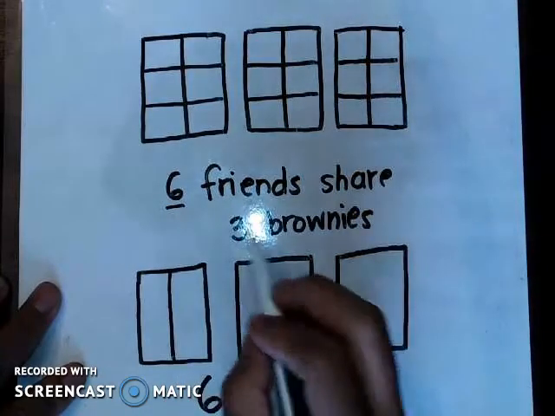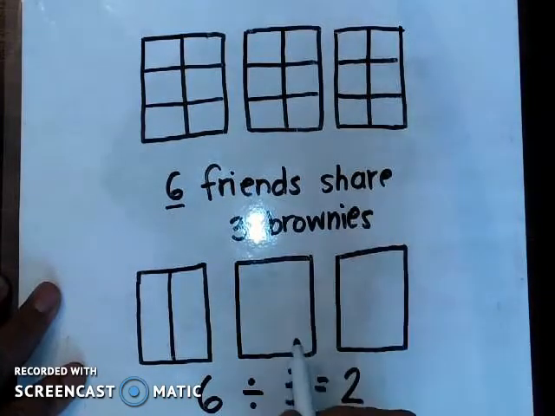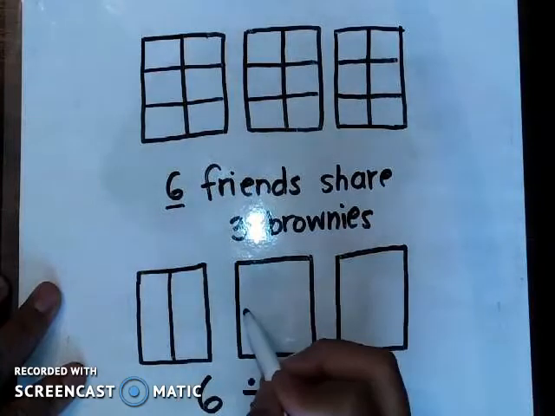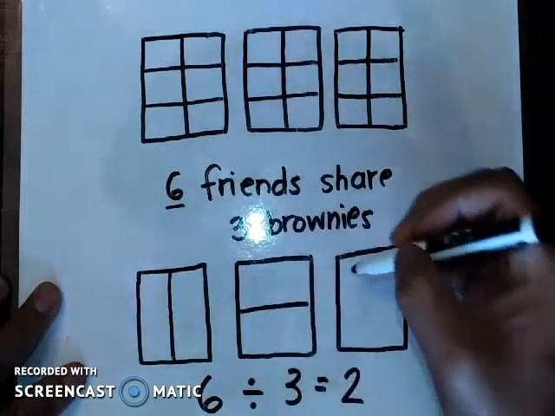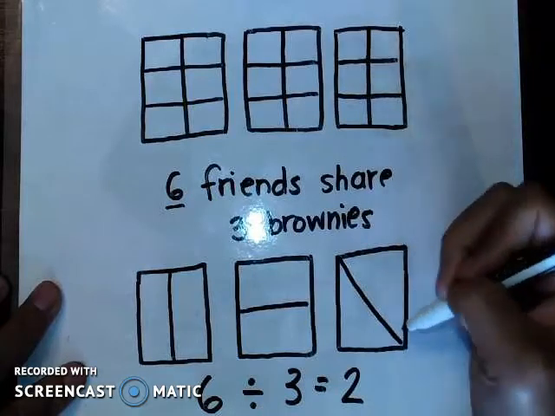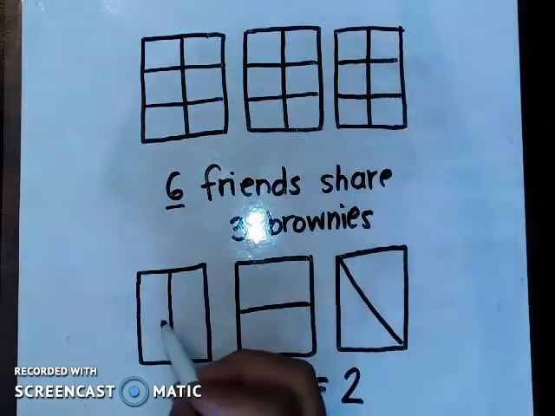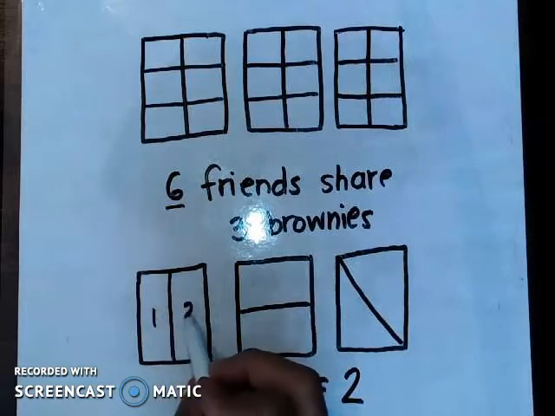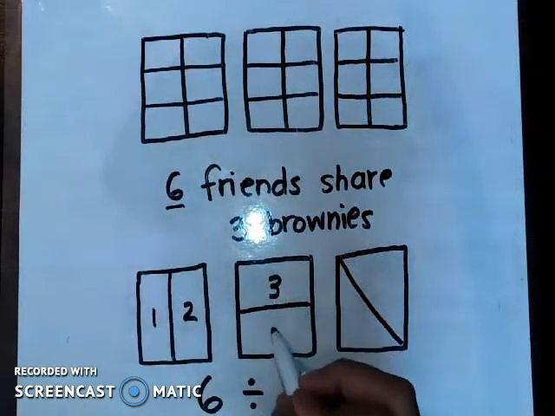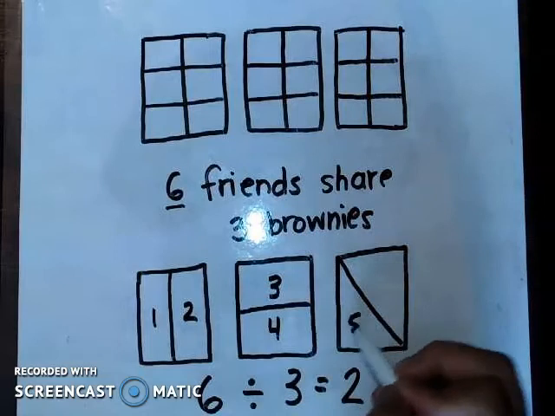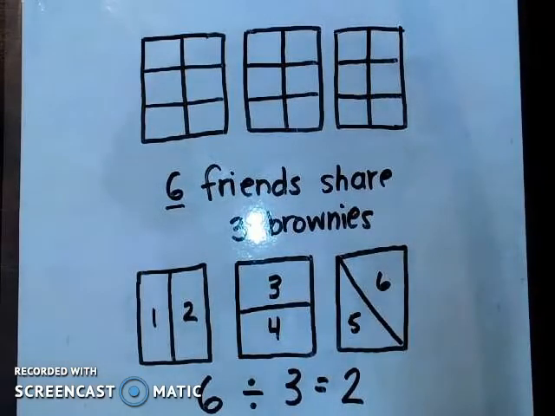And you can do it any way you want. So I can split it this way, this way, or equally this way. It doesn't really matter because the 1st friend, 2nd friend, 3rd friend, 4th friend, 5th friend, and 6th friend will all get the same amount. It's just cut a different way.